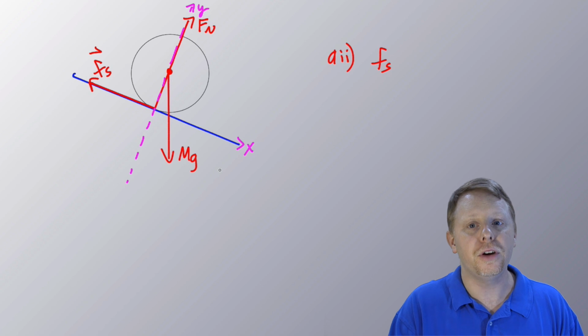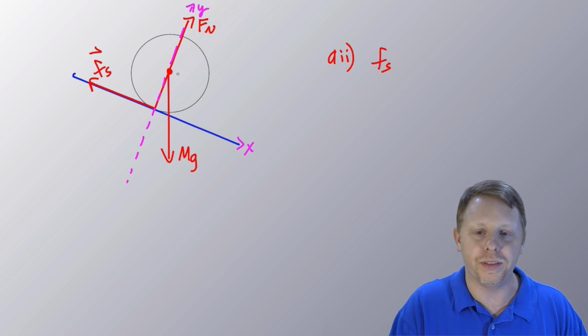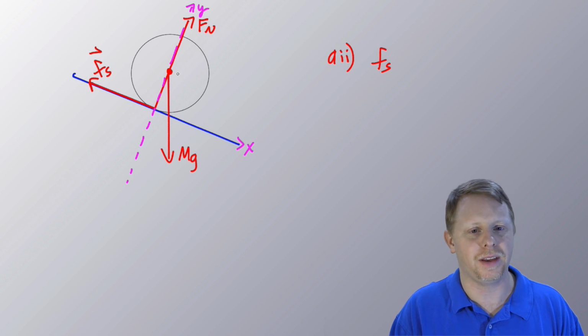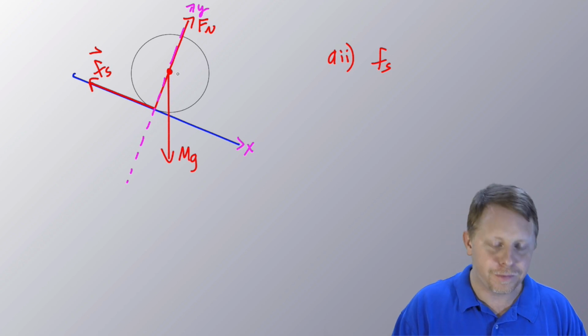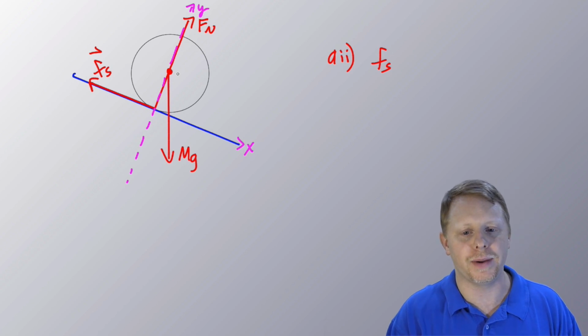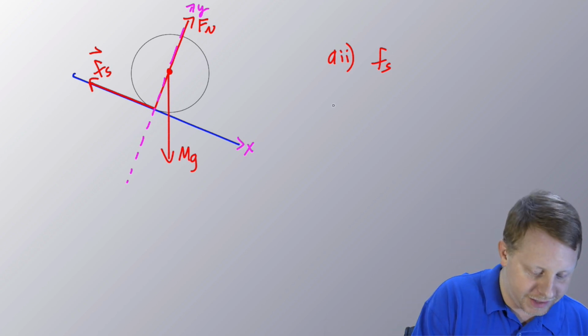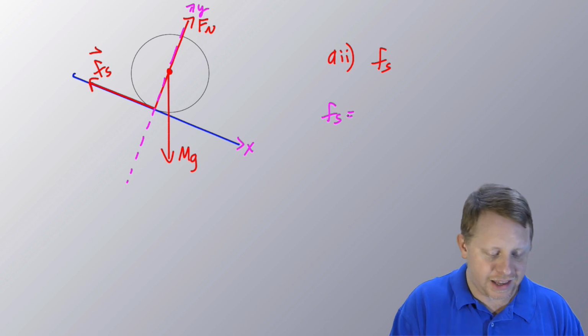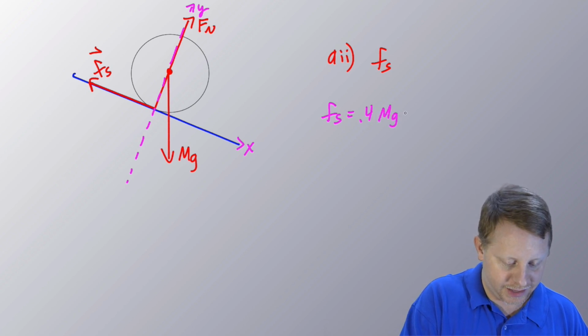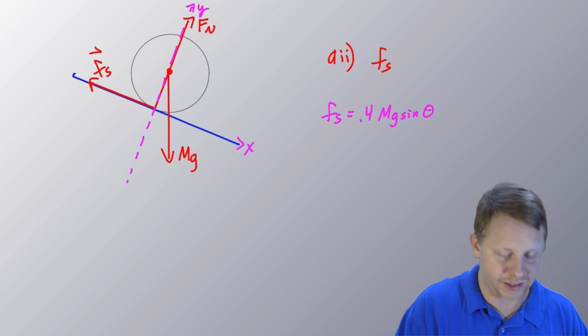So I could create a pseudo free body diagram where I've broken all these up into their components. But this one's pretty straightforward. I can save myself some time because I know that the component of an object's weight down a ramp is mg sine theta. So the first thing I can do is I can write, based on the equation that they just talked about in the problem, that the force of static friction is equal to 40% of the component of the force pulling the wheel down the ramp, mg sine theta.